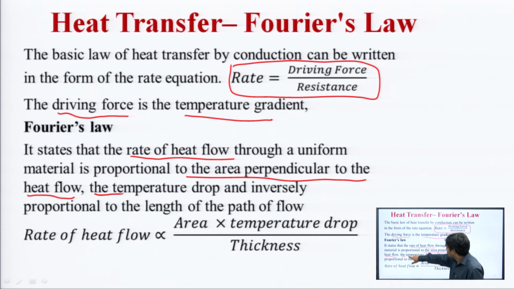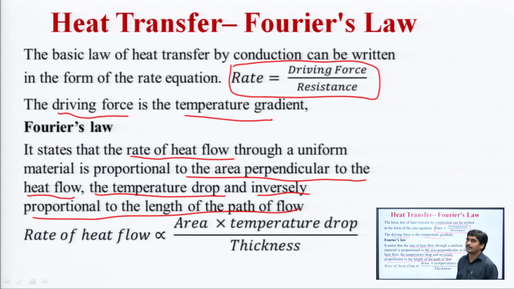Also, it is proportional to the temperature drop, that means change in temperature from higher region to lower region, and inversely proportional to the length of the path of flow. That means, the thickness of the object through which the heat flow takes place; it is inversely proportional to that thickness, or we can say the length of path of flow.